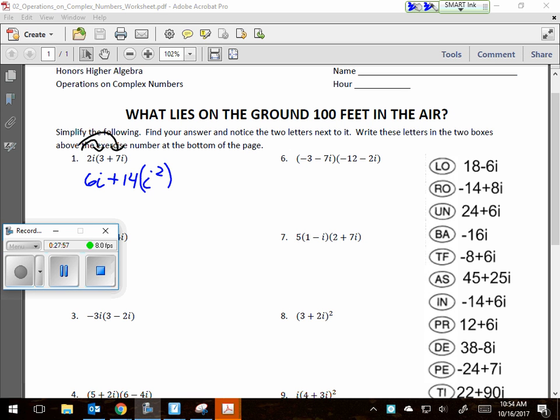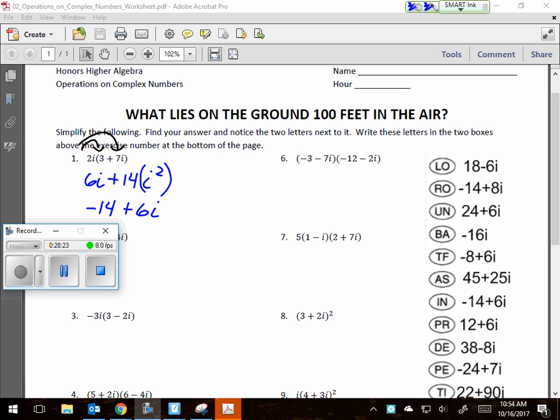Then you go, ooh, I know what that is. That's -1. Notice that's 14 times -1, which makes it -14. And then I just write the final answer. The real part goes first. -14 is real because there's no i on it anymore. Plus 6i. Now, if you wrote that backwards, just remember the real part's supposed to go first.